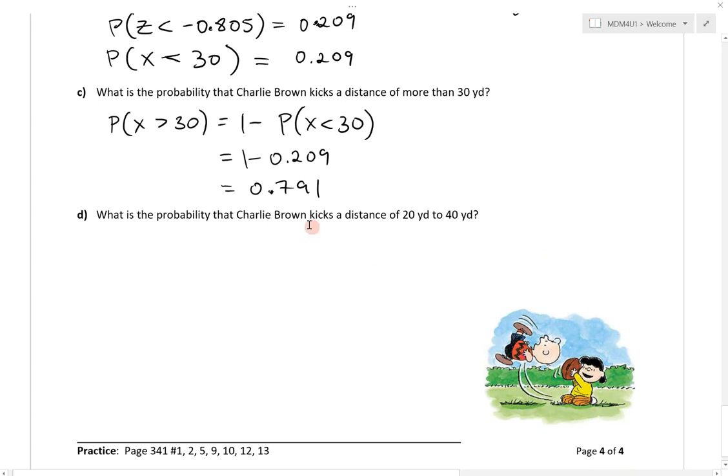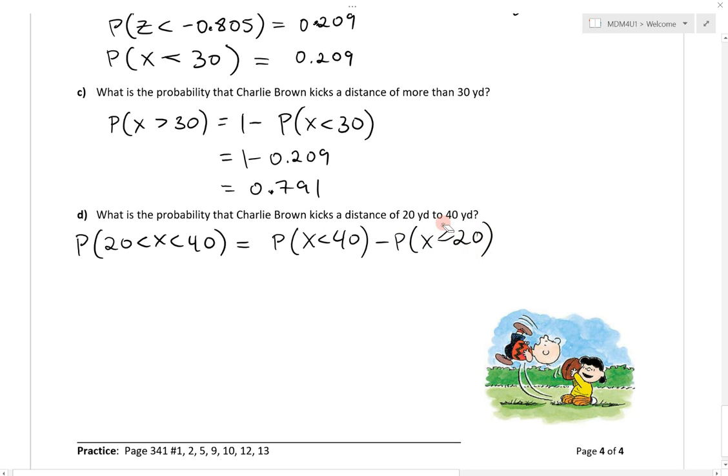Part D, what is the probability that Charlie Brown kicks a distance of 20 yards to 40 yards? So we're interested in the probability that x is between 20 and 40, which is the probability that x is less than 40, minus the probability that x is less than 20. Okay, and for you to visualize that, there's a normal distribution.